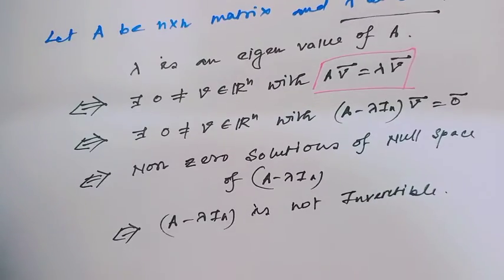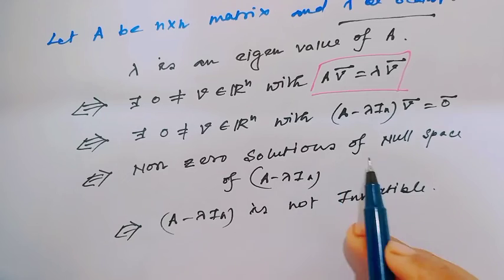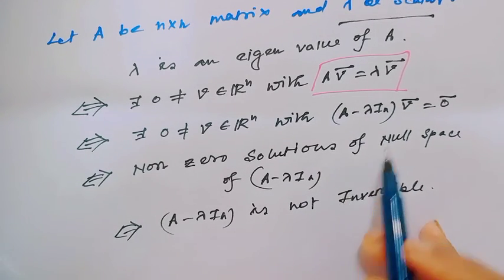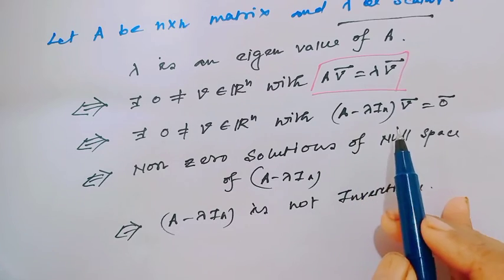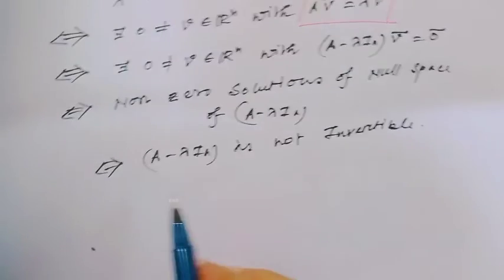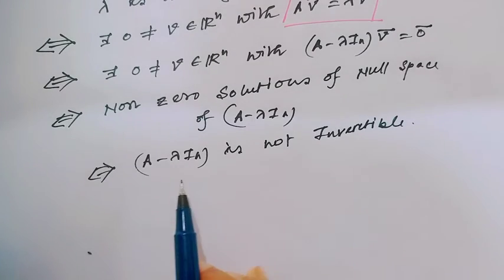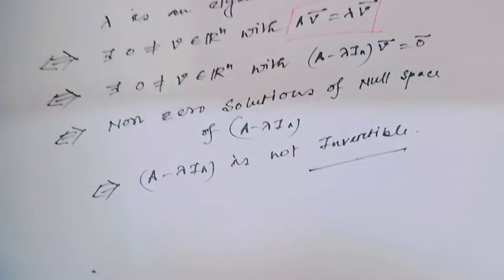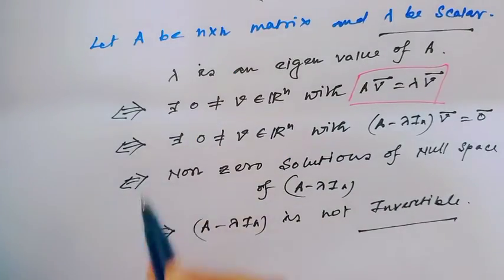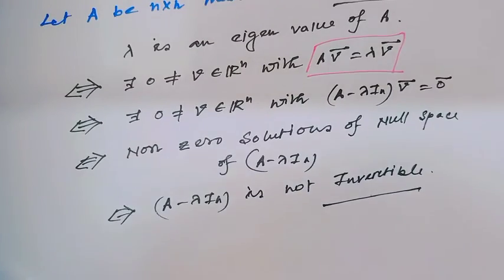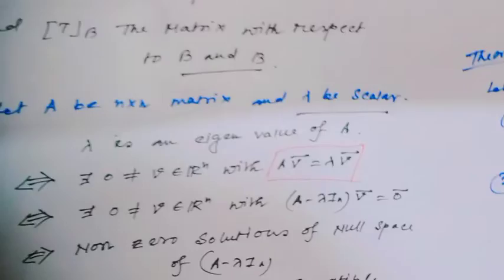That implies a non-zero solution of the null space of A minus lambda I. Because here A minus lambda In v equal to 0 vector. That means A minus lambda In is not invertible. And this condition is always an if and only if condition. Are you getting the idea?